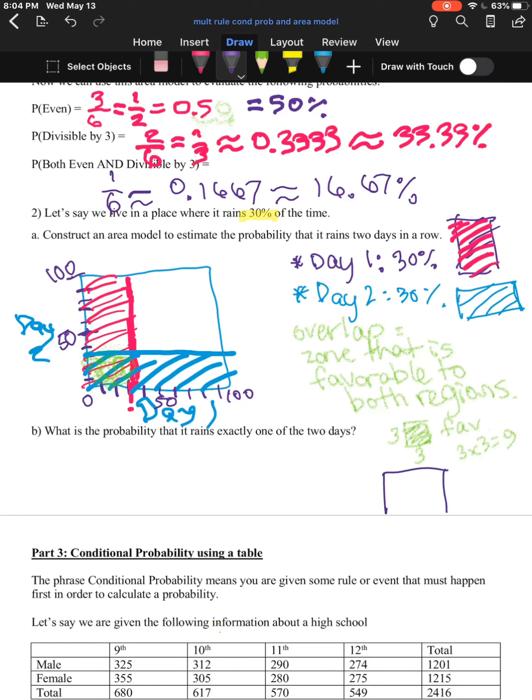Well, it's a big square of a 10 by 10. So a 10 by 10 happens to be 100. So what is the probability, again, that it will rain 2 days in a row? 9 out of 100, which is equal to 0.09, which is then equal to 9%.